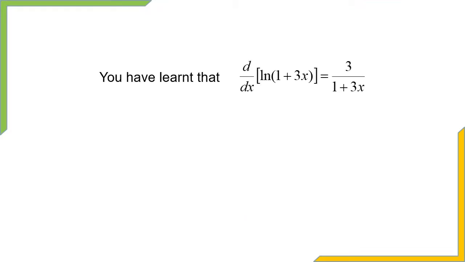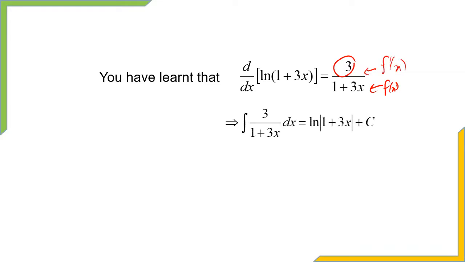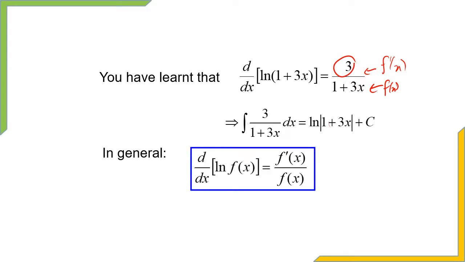So, you have learned that the derivative of natural log of 1 plus 3x is equal to 3 over 1 plus 3x. So, what is 3? 3 is actually the f prime x, right? So, the integral of 3 over 1 plus 3x will get you natural log of absolute 1 plus 3x plus c. Right, so in general, the differentiation of natural log of f(x) equals f prime x over f(x).